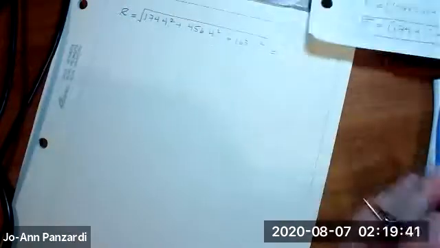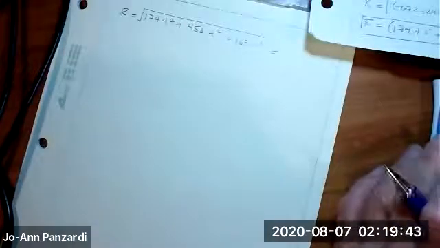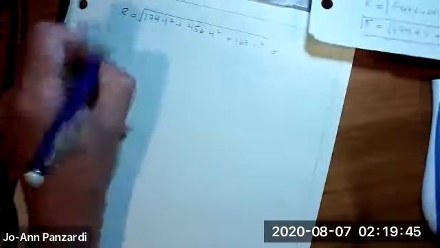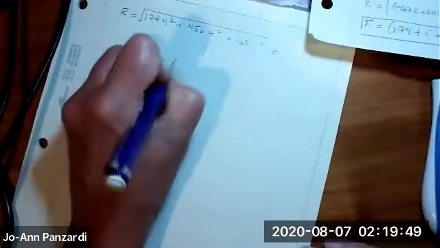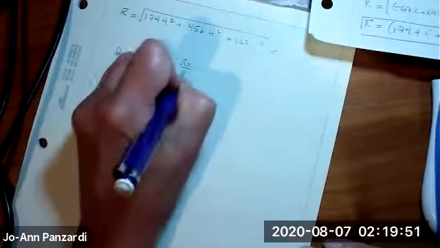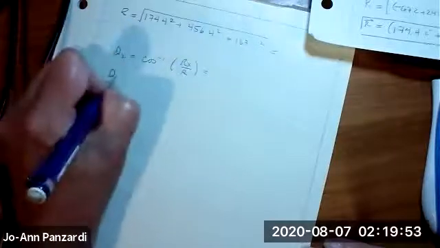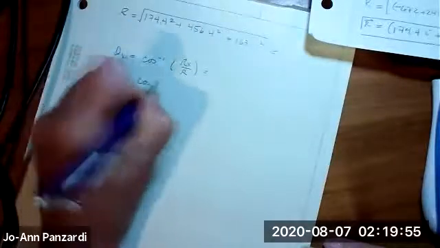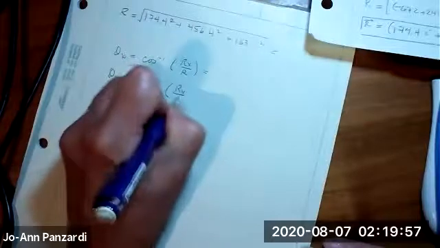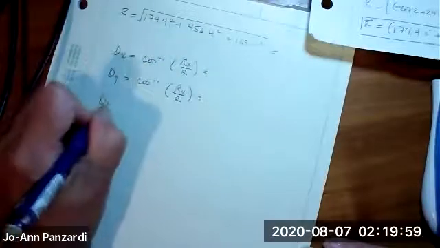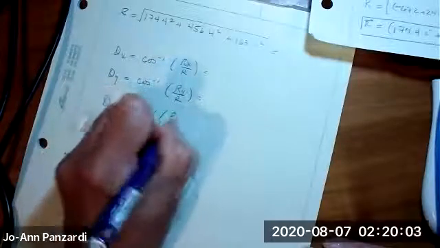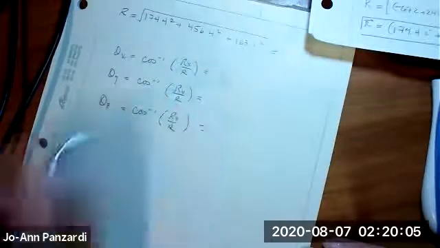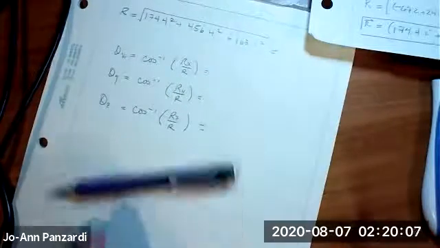And then in order to find my direction angles, it's going to be the inverse cosine of the resultant in x over the total resultant, inverse cosine of resultant y over resultant, and inverse cosine of resultant z over resultant. And then I'll solve for that. Okay, I'm going to stop.